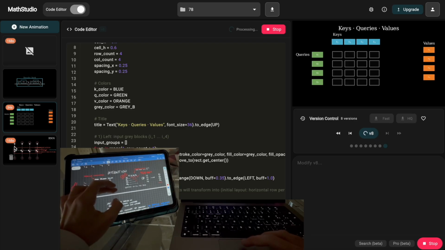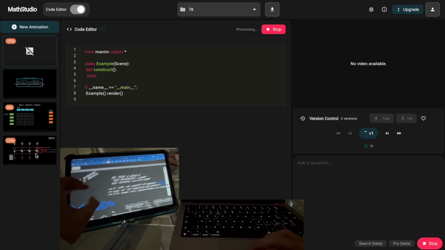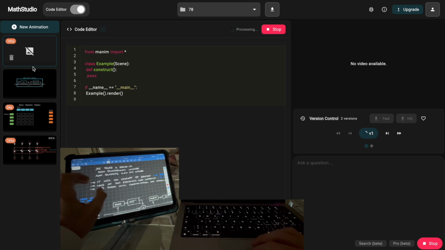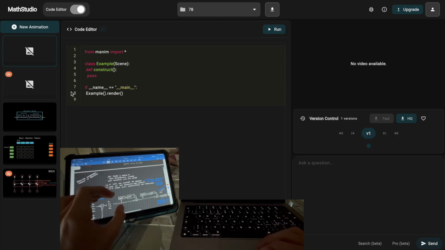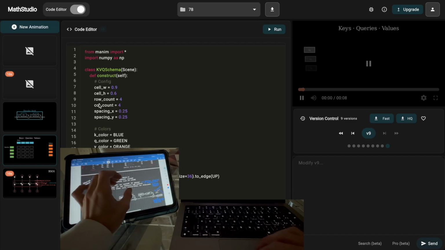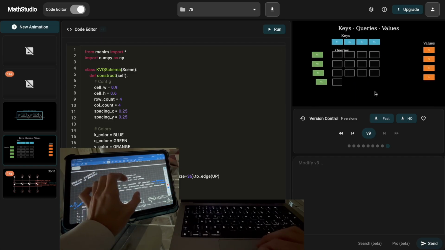This one is taking a lot longer than I expected. Oh, the embeddings, which is also taking a lot longer than I would expect. Did it crash? No, this server probably hasn't crashed, but these ones are taking a long time.